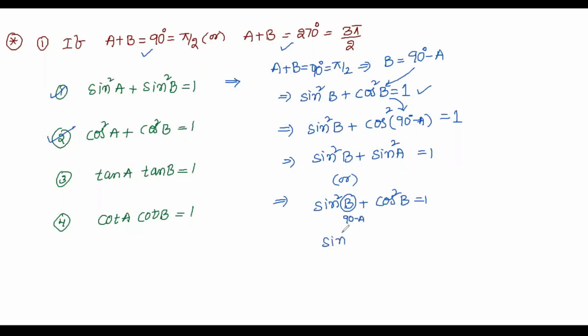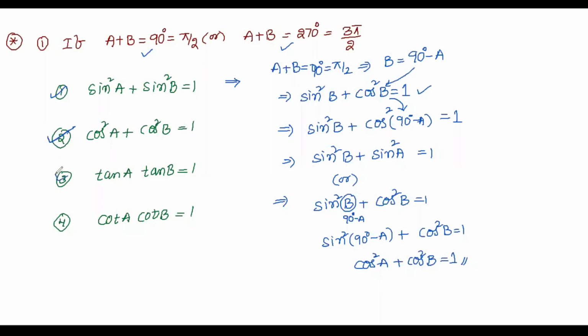Sin square of 90 degrees minus A plus cos square B is equal to 1. Already we know that sin of 90 minus A is cos A. So cos square A plus cos square B is equal to 1. Isn't it? Yes. So that second one is also proved.